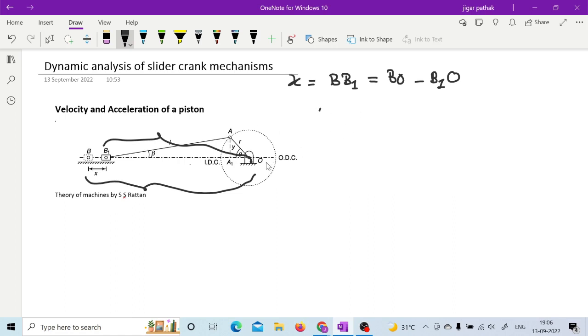If you observe this figure, L is the length of connecting rod and R is the crank radius.